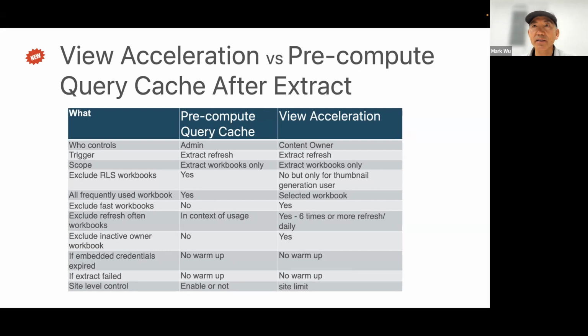One is we can set a limit on how many views per site can have this feature. The second one is you can have a blacklist for certain workbooks, for whatever reasons. You don't want to see the cache warm-up, so you can block it from the view acceleration feature.